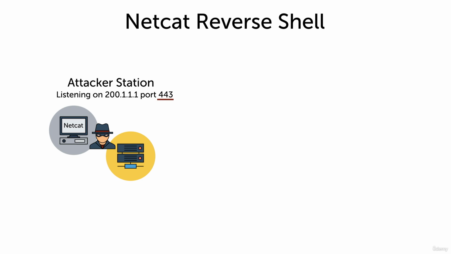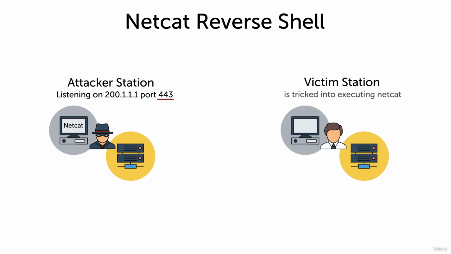Now that's a good choice from an attacker's perspective because if we switch over to the victim computer, somehow the victim is going to be tricked into executing the Netcat program, nc.exe. Now how will we do that? Well, maybe through a phishing email scam that looks legitimate and somehow we trick the user into downloading or running that. So there are many ways that that can be done. Now the idea is that when it runs on the victim station, when Netcat runs, it would point to the IP address of the attacker station.